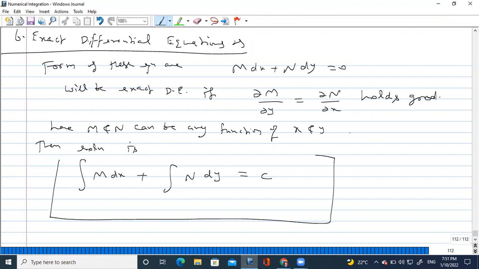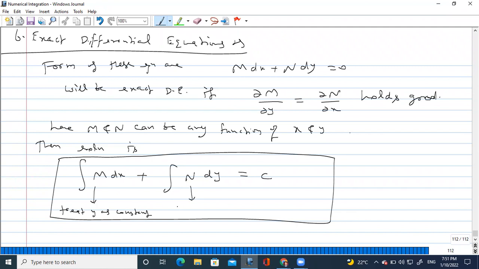Now, when you are integrating m, you have to treat y as constant. When you are taking n, your term should not contain x, or you can leave the x terms.